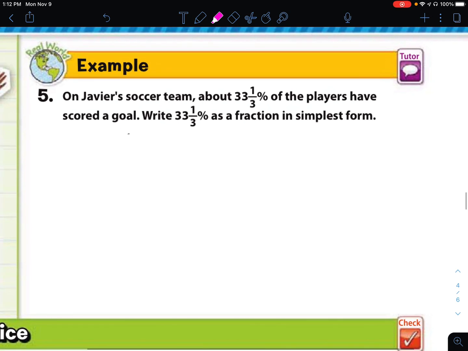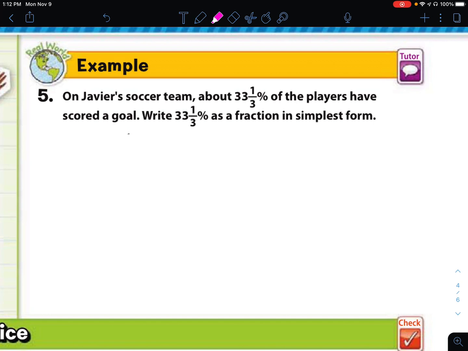On Javier's soccer team, about 33 and 1/3% of the players have scored a goal. Write 33 and 1/3% as a fraction in simplest form. First, we need to understand what percent is.